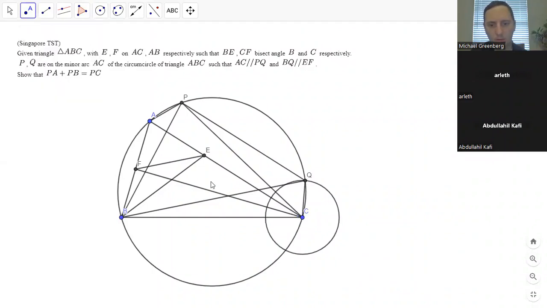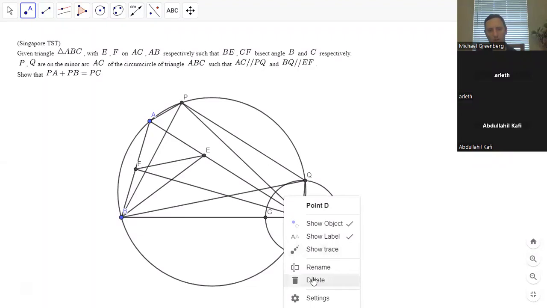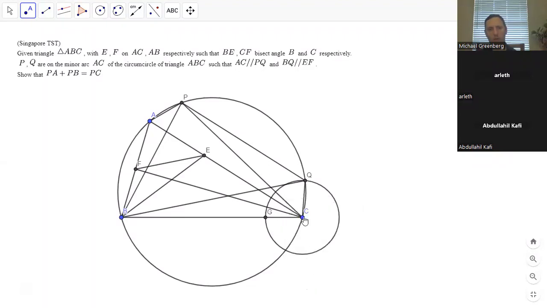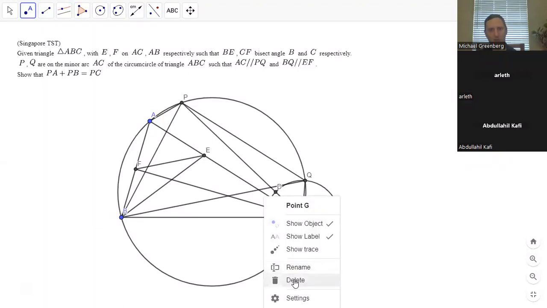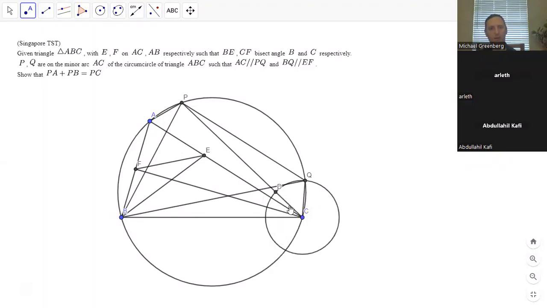Intersect at PC. And we have to show PB equals PD. Yeah. So then we have to show PD. PB equals PD. Yeah. All right.